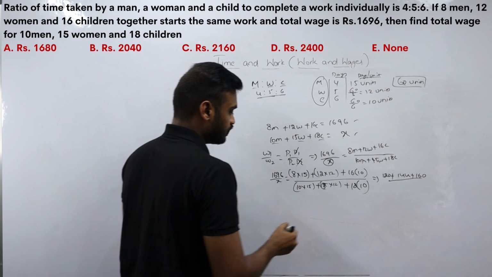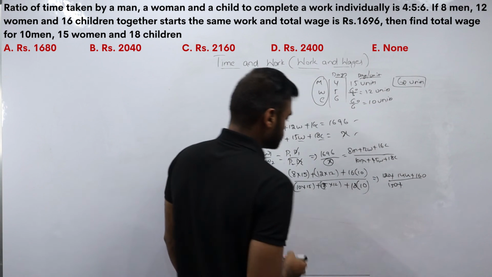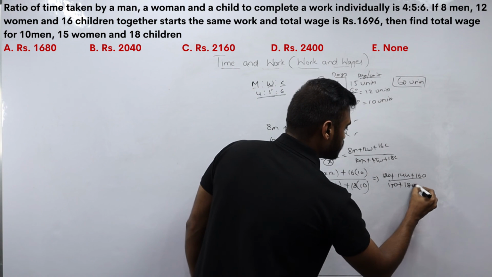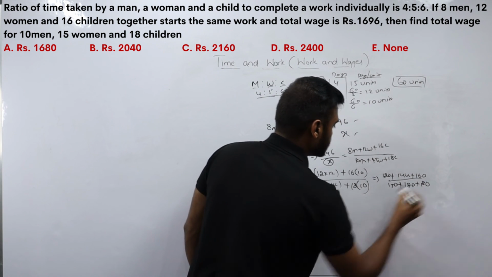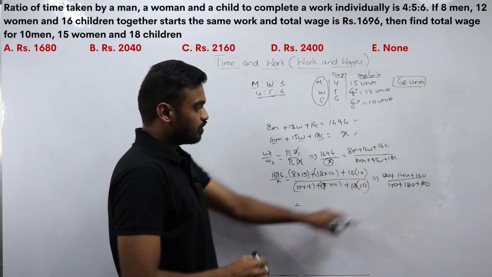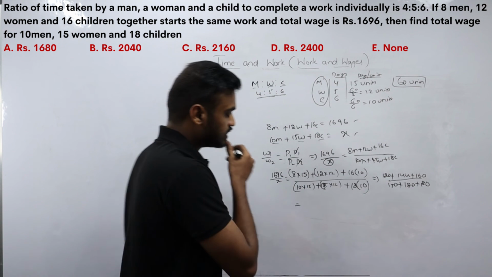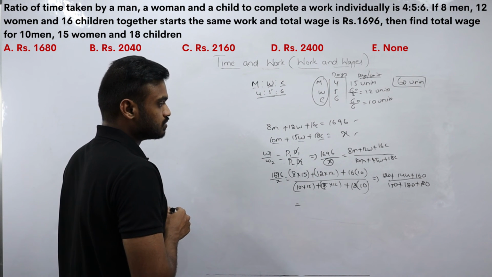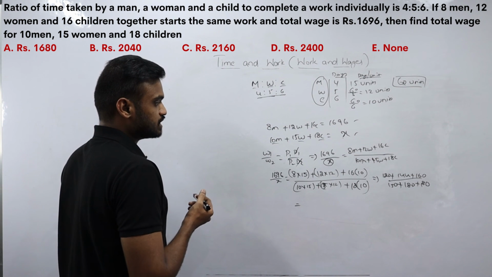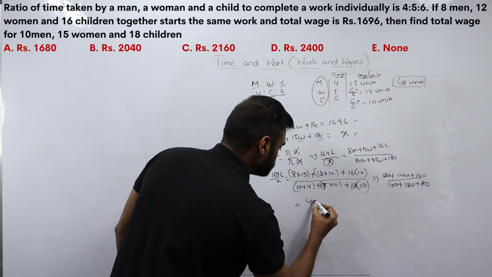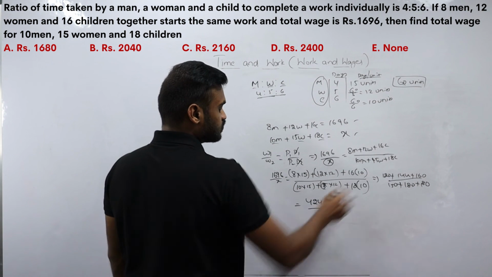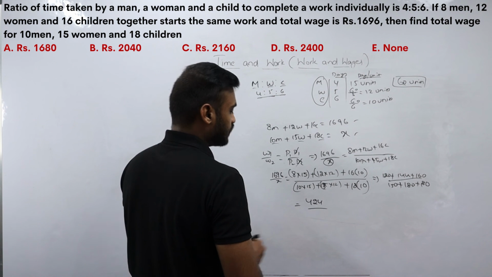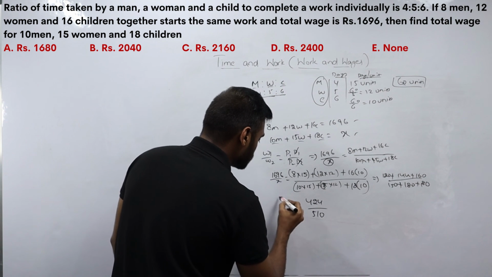And the denominator: 10 into 15 is 150, plus 15 into 12 is 180, plus 18 into 10 is 180. So 120 plus 144 is 264, plus 160 is 424. And 150 plus 180 is 330, plus 180, that is 510.